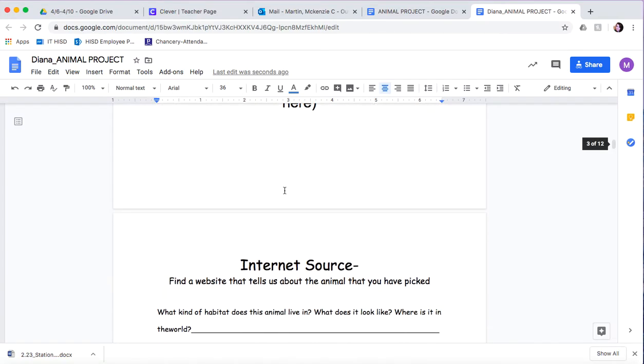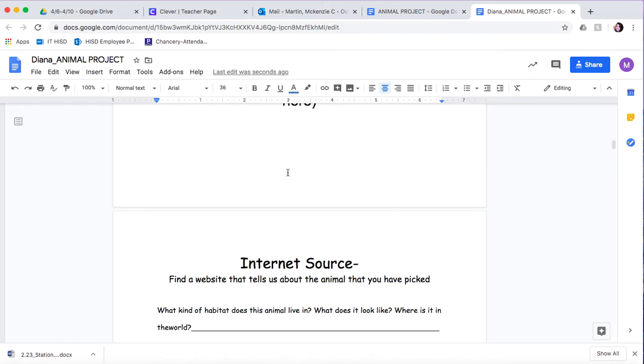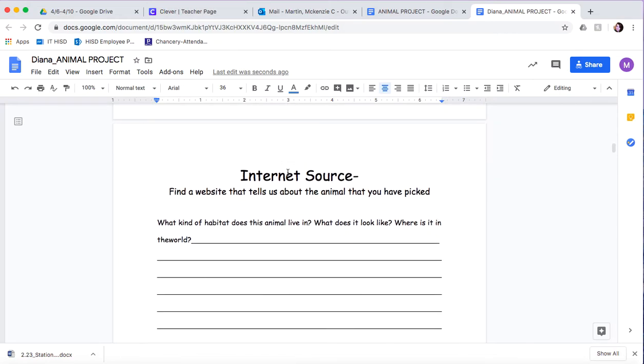On Monday, as I told you in the directions, we are going to be looking at an internet source. It says find a website that tells us about the animal that you picked. So today's activity is basically figuring out more information about the animal using an internet source or a website.